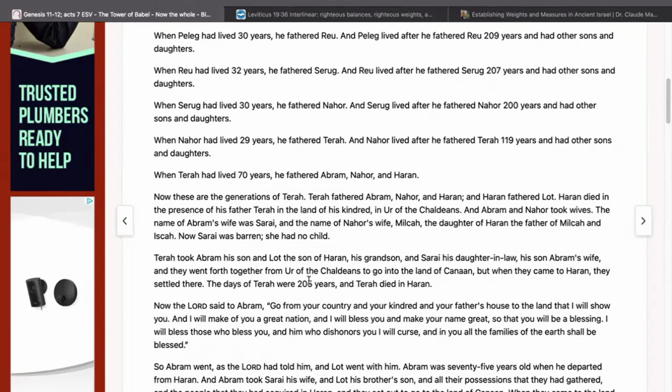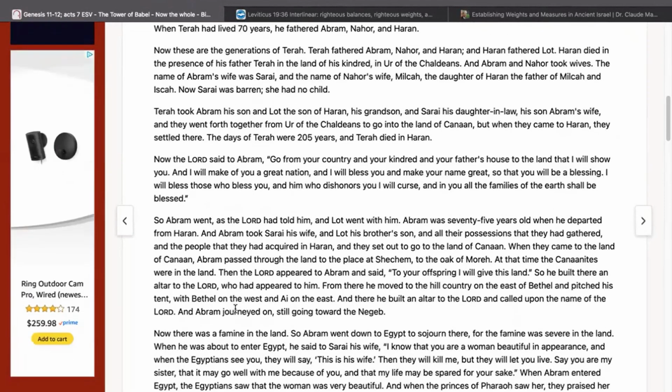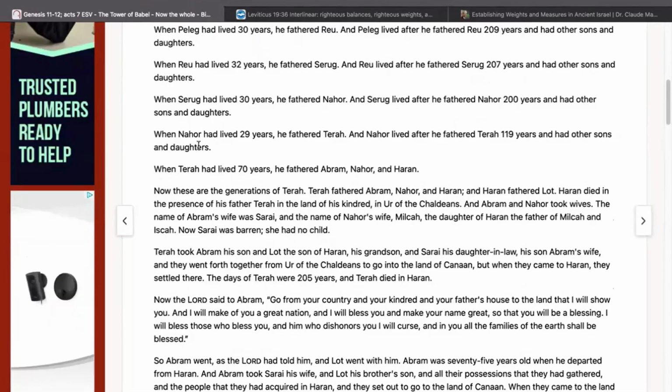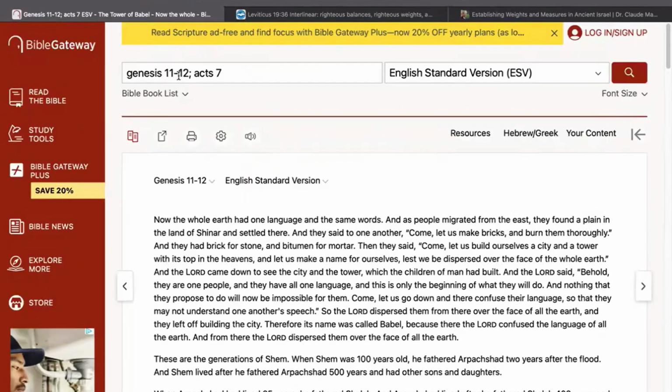So we have to figure out how we can square this circle, all right? Actually, let's do this. Let's go to Acts, chapter 7, verses 2 through 4, and Genesis 11:27 through 12:5.